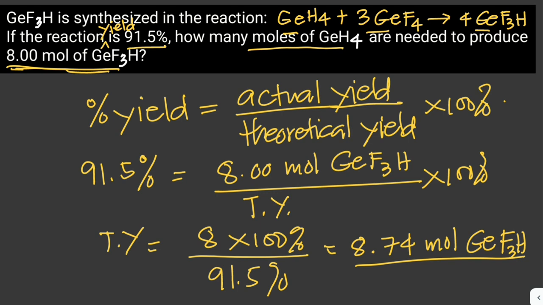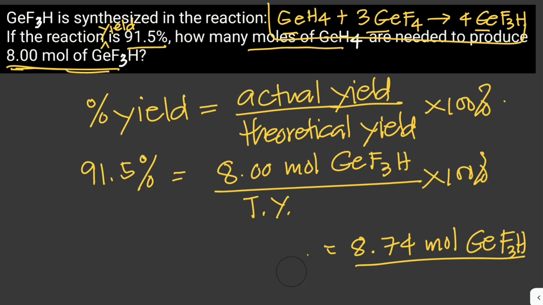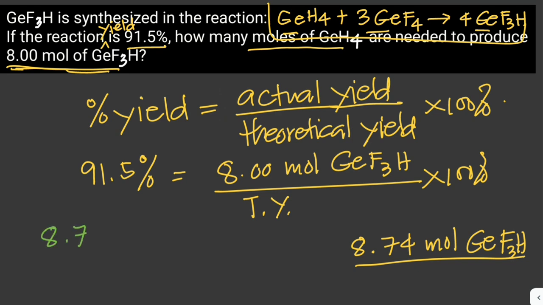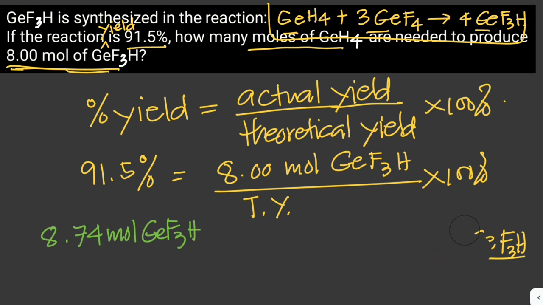All right, so now we have the theoretical yield of GeF3H. Then we can multiply this by the mole ratio from the reaction to get the number of moles of germanium hydride. So we multiply 8.74 moles GeF3H, then multiply this by the mole ratio.